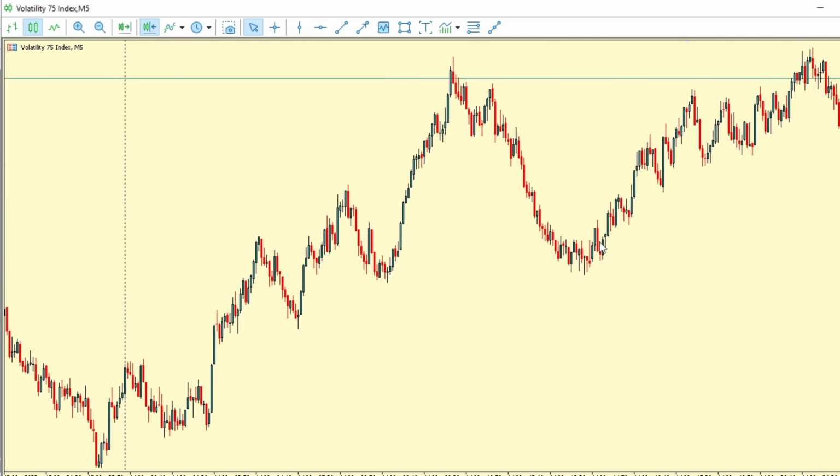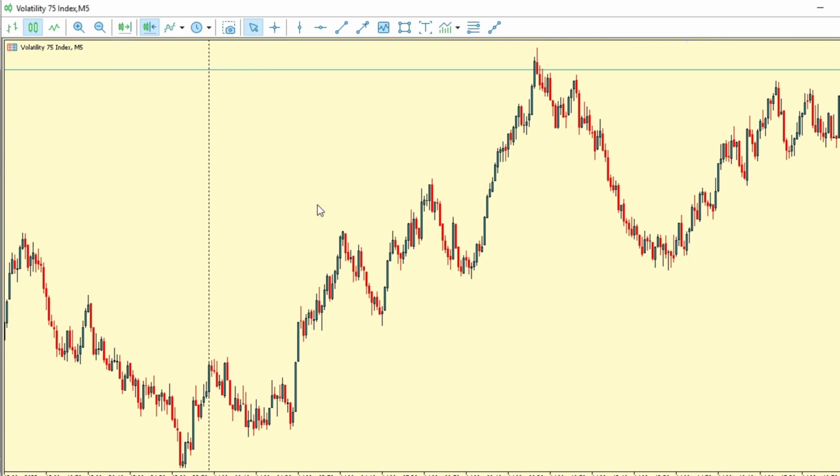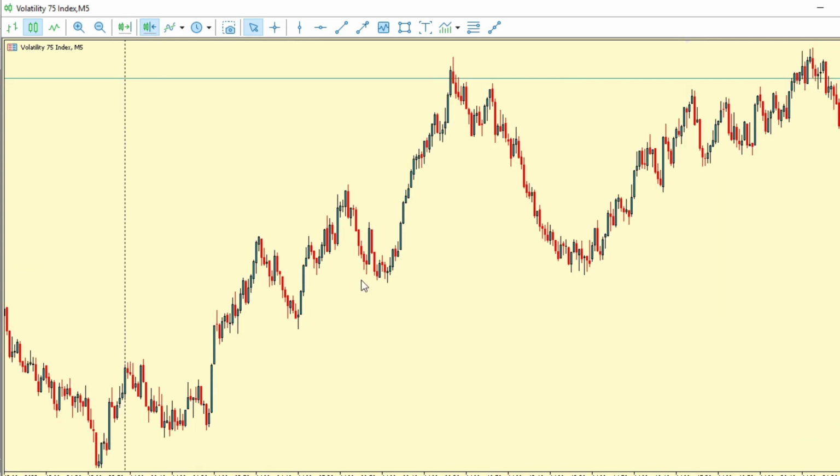So here you can see that the day we were getting pullbacks. The market was making trends. Actually it was trending, and when we talk of a trend, we expect pullbacks.